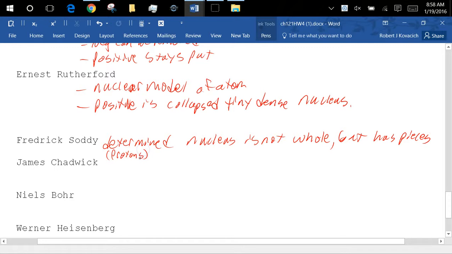When Rutherford came up with this, they were thinking that the nucleus portion was just a chunk of positiveness, like one body. And it turned out Soddy was like, no, it's individual bodies, individually positively charged that all come together. And Chadwick? He found the neutron.